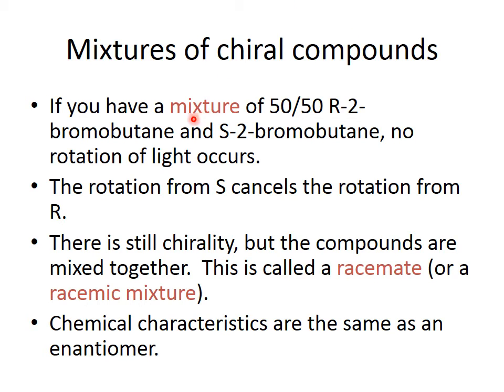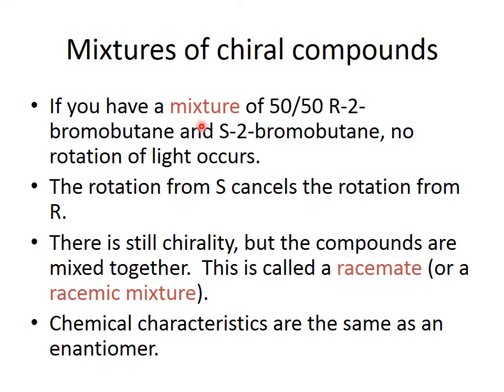If I have a 50-50 mixture of enantiomers, for instance, R-2-bromobutane and S-2-bromobutane, there's no rotation of light because R will rotate it one way in a particular magnitude, and the S will rotate it the opposite way in exactly the same magnitude.